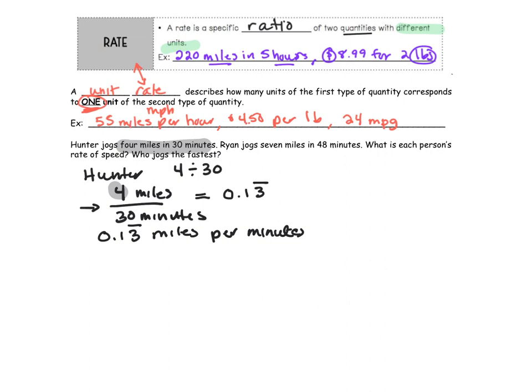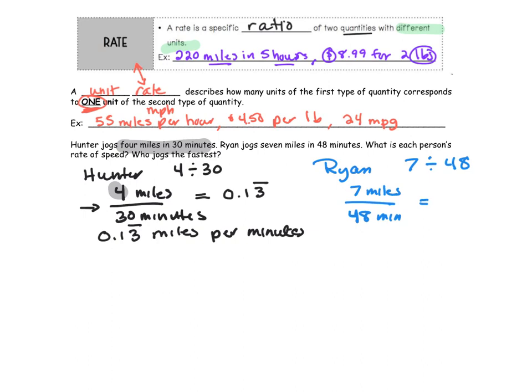So now we're going to go to Ryan's information. What was given for Ryan is that he could travel 7 miles in 48 minutes. So once again, in order to find a unit rate, the most efficient way would be to take the top number, in this case 7 miles, divided by the bottom number, in this case 48 minutes. When we do that, I'll let you pause to try that on your calculator.